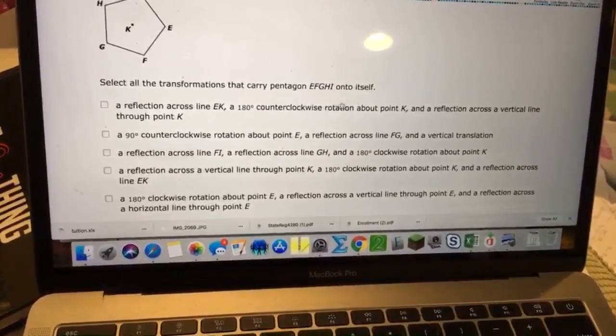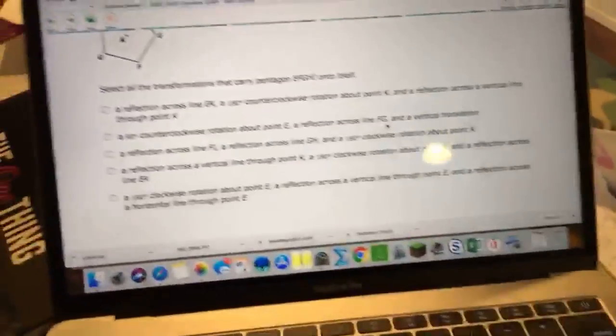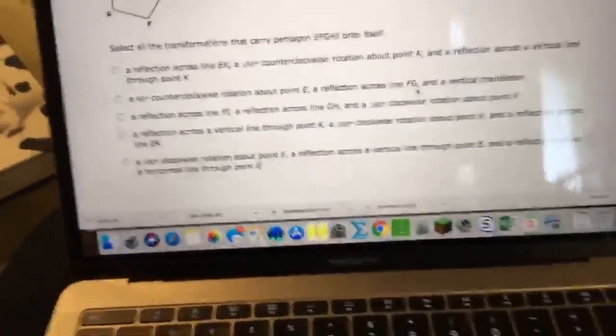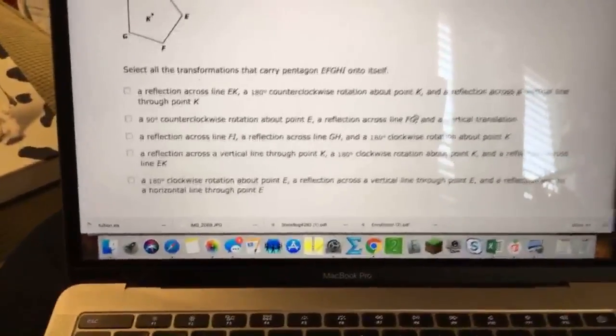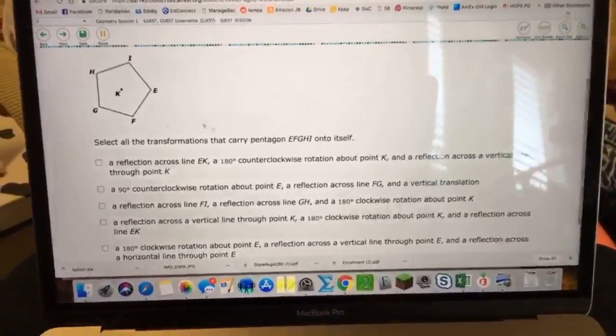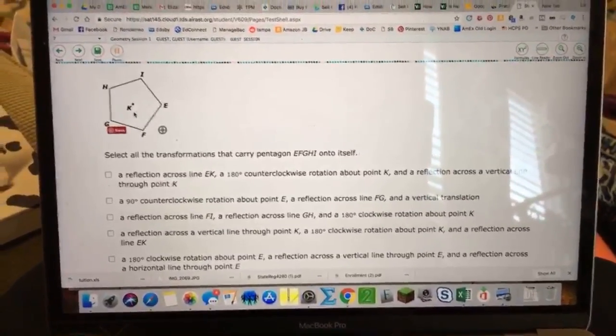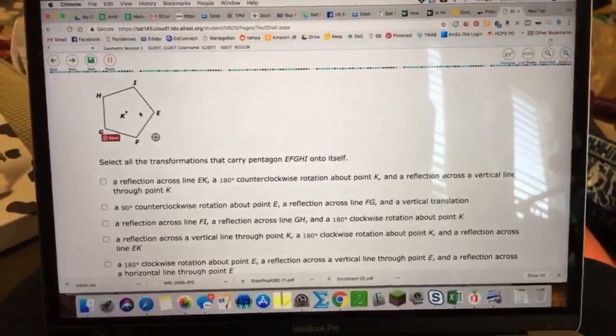I think that they mean that that's all one transformation. This is a really not well worded question. Because a reflection across line EK, that would work, right?